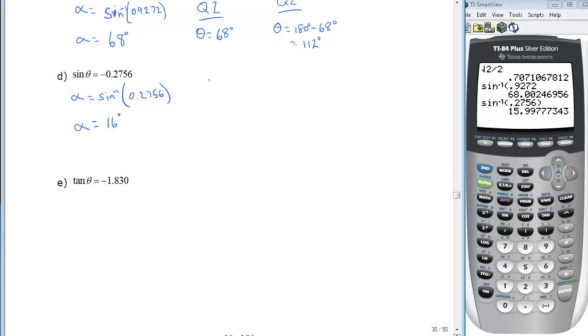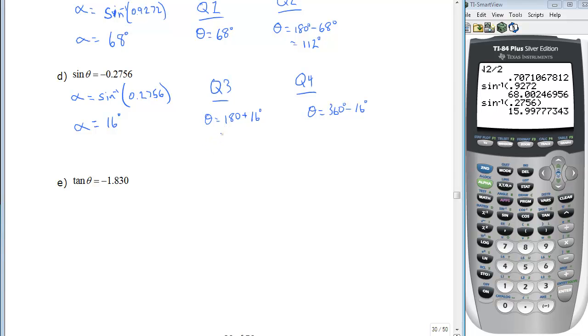Now we determine, well, it's negative, so that has to be quadrant 3 and quadrant 4. And so in quadrant 3, theta is equal to 180 plus our reference angle, so plus 16. In quadrant 4, we're going to get 360 minus our reference angle. Remember, it's always 180 or 360, never 90 or 270. That would be with the y-axis.